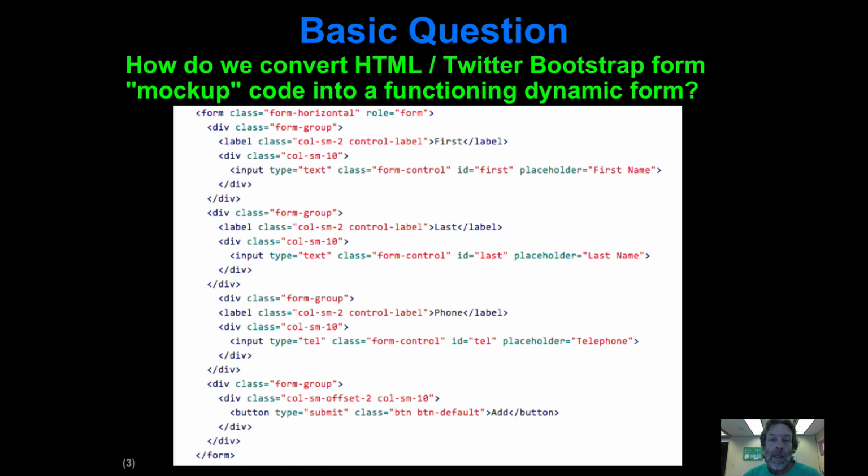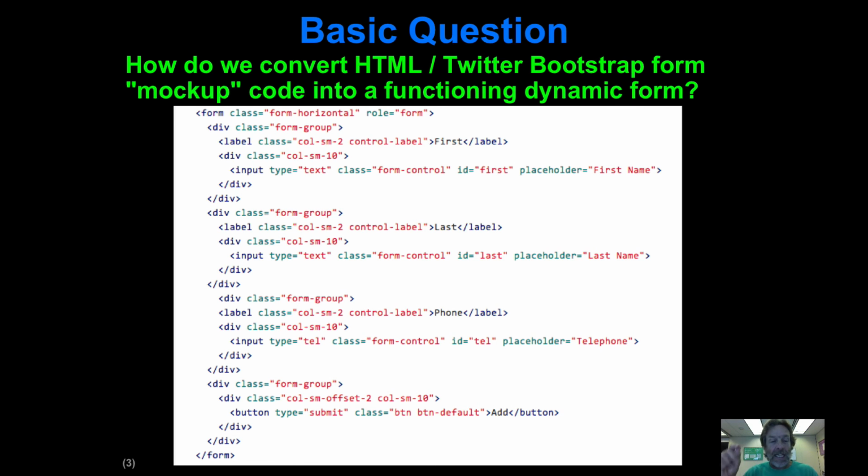In order to implement that, if you're just doing it as a mock-up, you're going to end up with some HTML and some Twitter Bootstrap code because, why would anyone ever create a web app without using Twitter Bootstrap? I don't have the answer to that. So here we have our form, and you can see that it uses the form element. It's raw HTML, and what we want to do now is connect it.